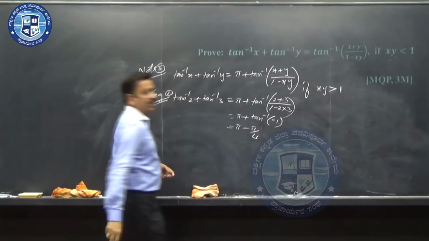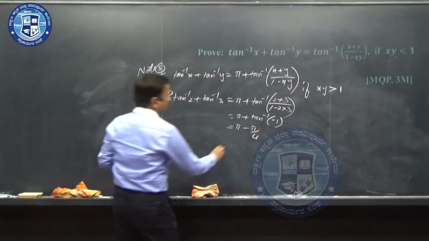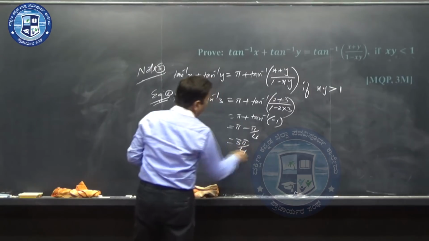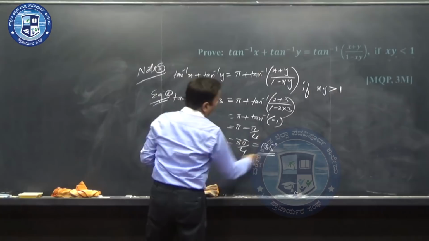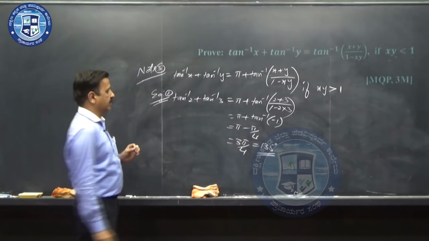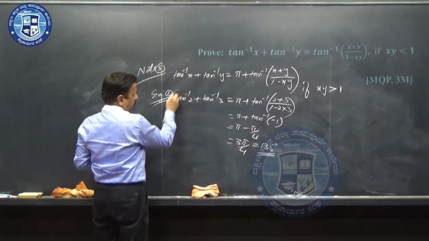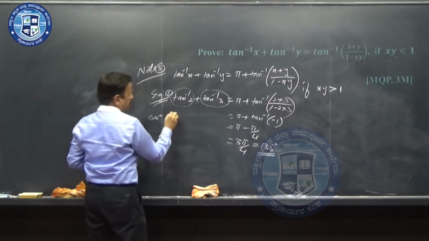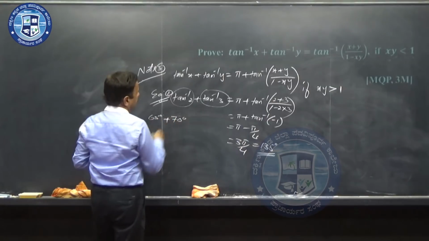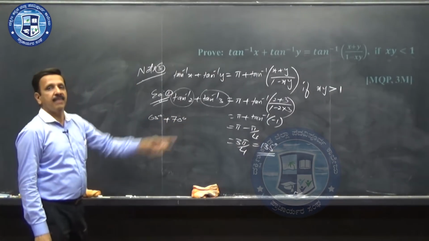Tan inverse of minus 1 is minus pi by 4. The answer is 3 pi by 4. 3 pi by 4 is 135 degree. You need not write in terms of degree, just for your reference. And this holds good, because tan inverse of 2 is approximately 65 degree, tan inverse of 3 is approximately 70 degree, 65 plus 70 is equal to 135.